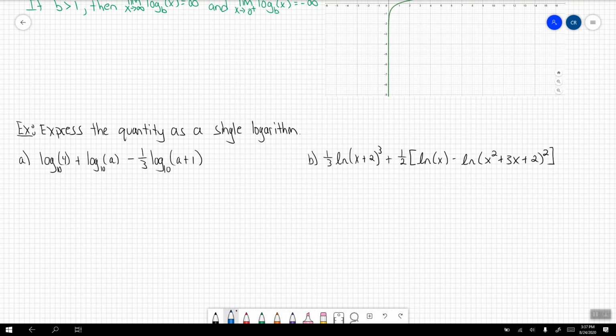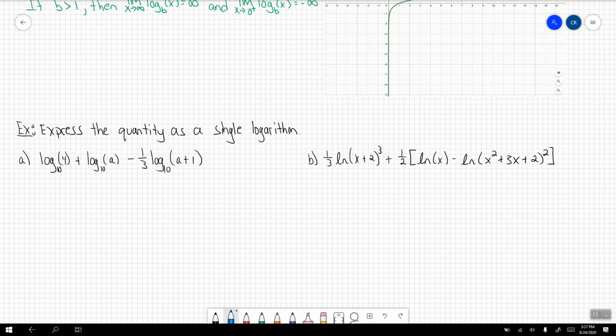Working with part A, I want to make sure that all of these three terms are condensed into one singular term. In order to do that, I need to make sure that the coefficient for each individual logarithm is 1 or -1. Because if it's -1, then we're just going to be dividing by that argument.